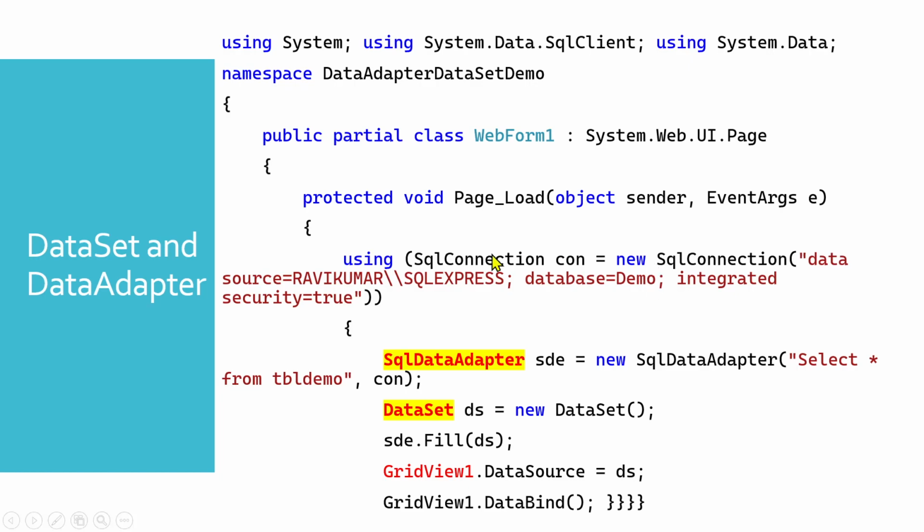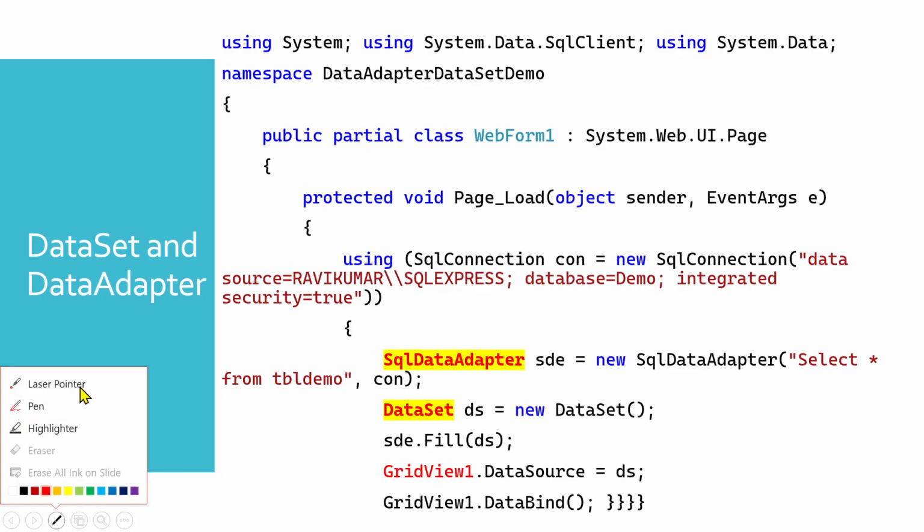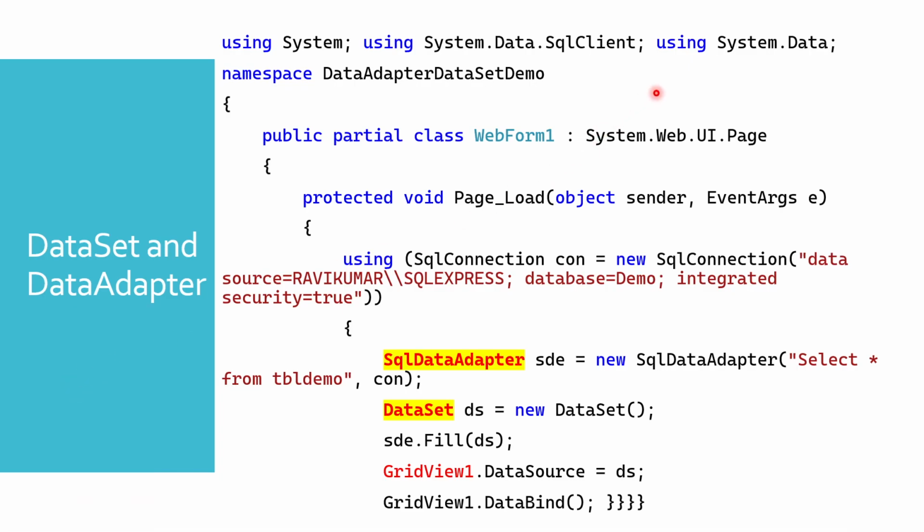If you see the source code over here, it is very simple. Again, I'm going to have the same namespaces, like using System.Data.SqlClient. And in the page load, this is going to be a web application. By this code, you can understand that. In the page load, I'm just going to have these 5 steps.